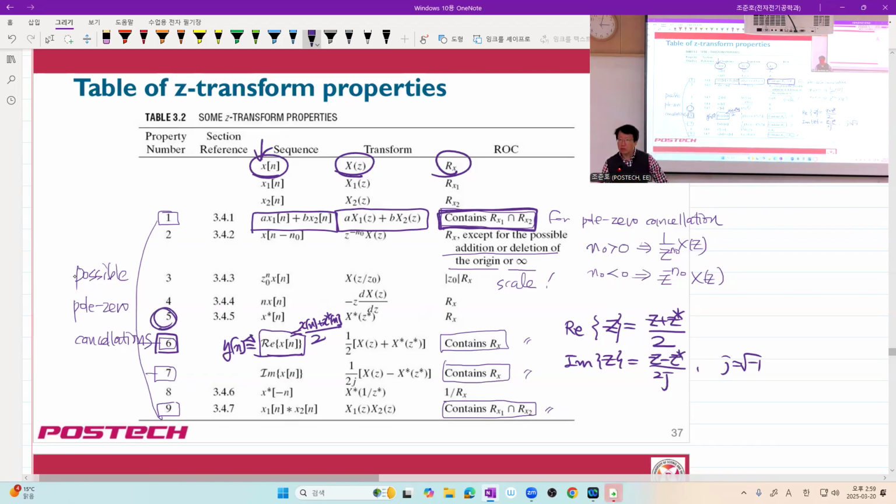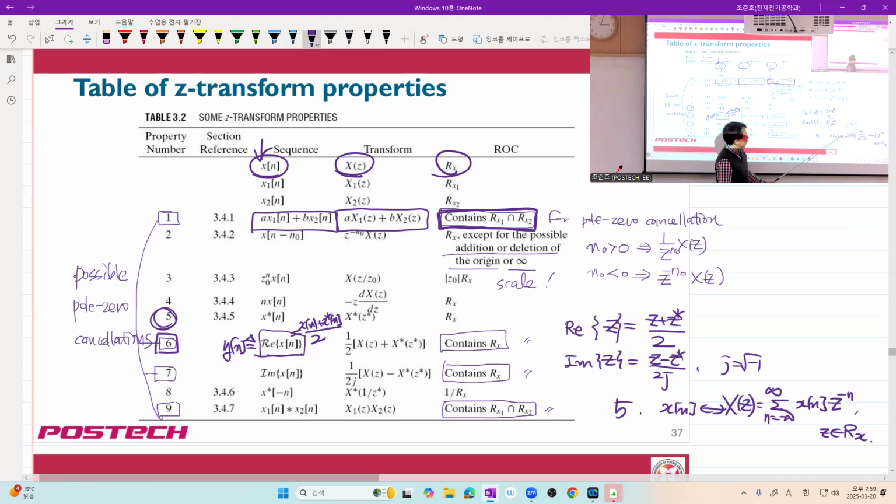Just let's use the definition. Right? This is the relation of xn and capital X and R sub X. Now, let's think about X conjugate.